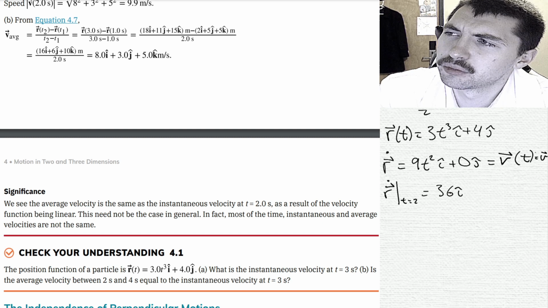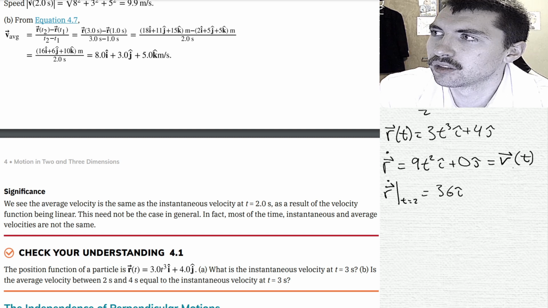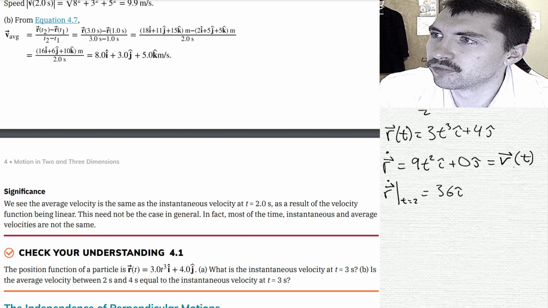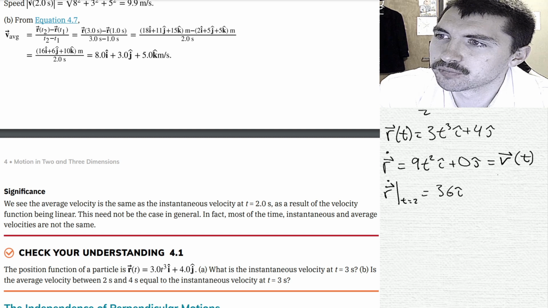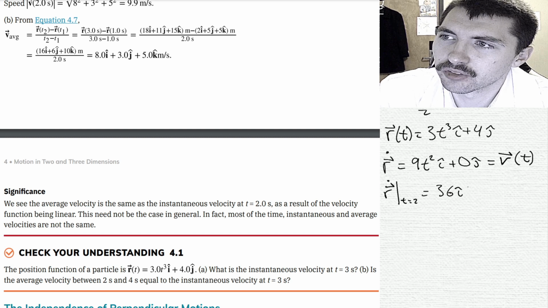Maybe specifying it's a function does matter, because if I just wrote V, that might be recognized as a column vector. So I think we probably should specify it. So this is V of 2.